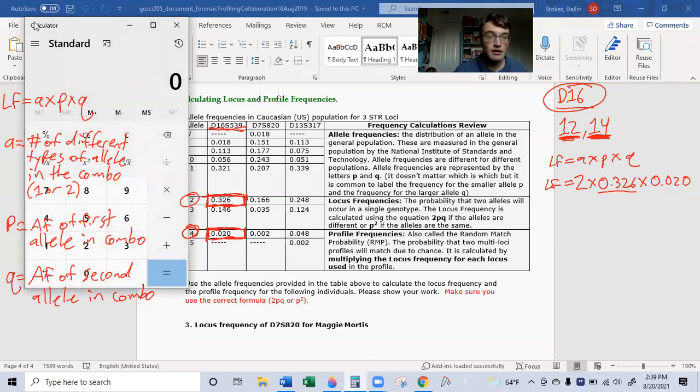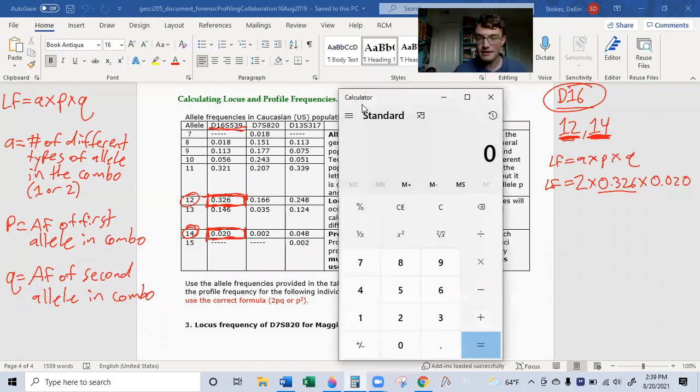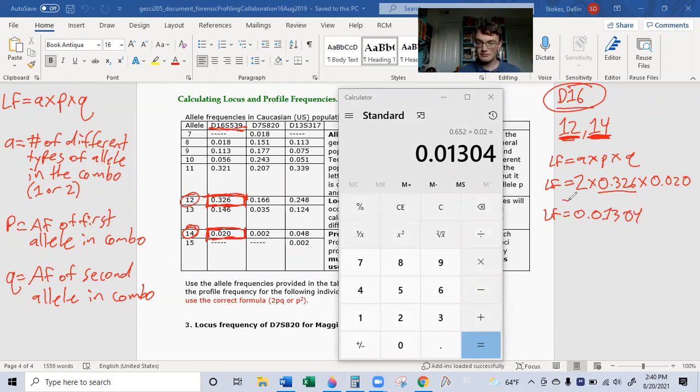So to figure out our locus frequency, LF is equal to, let me come to my calculator, 2 times 0.326 times 0.020 is equal to, and that is the locus frequency of having a 12-14 combo at D16, right there. So that would be my answer.